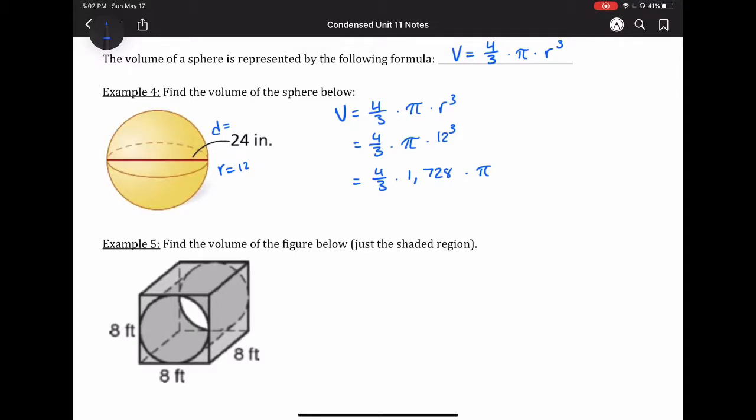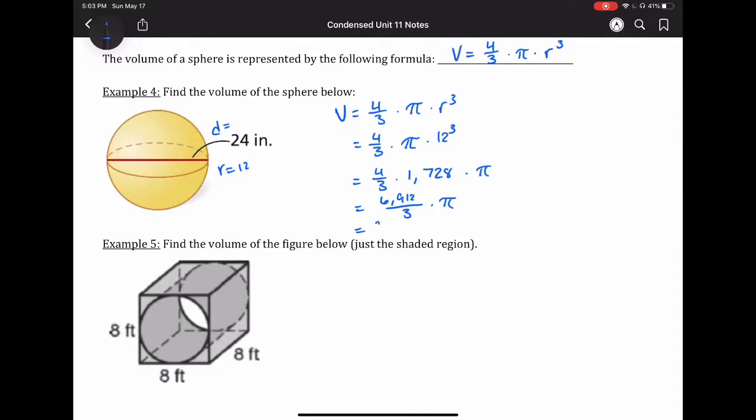It might be beneficial when you're solving a problem like this to multiply the fractions together first, remembering that every whole number is set over 1. So that really gives you 6,912 over 3 times pi. This happens to work out really nicely where that division is a whole number.